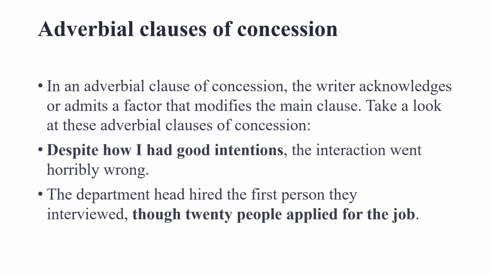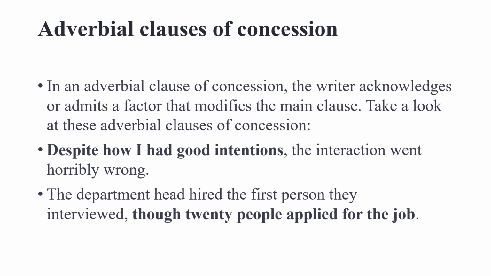And in the second example, you can see the department had hired the first person they interviewed, though 20 people applied for the job. So again, it is a factor: though 20 people applied for the job, the department had hired the first person they interviewed.